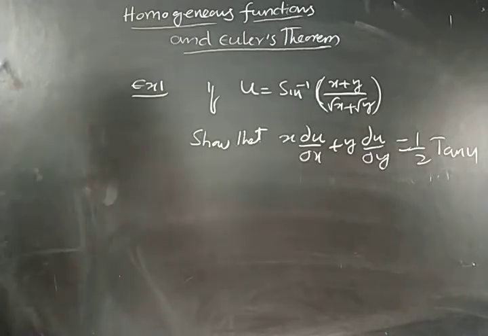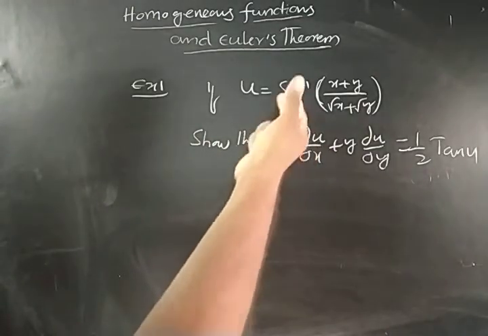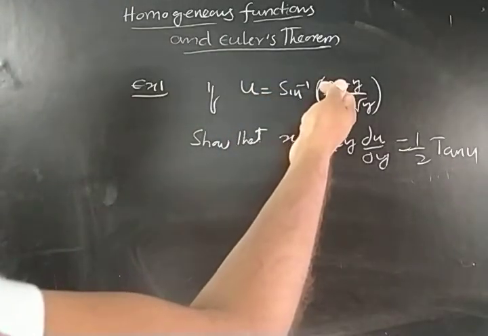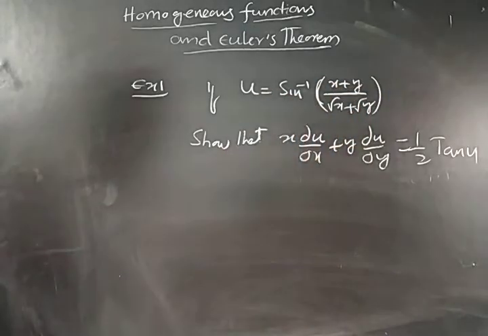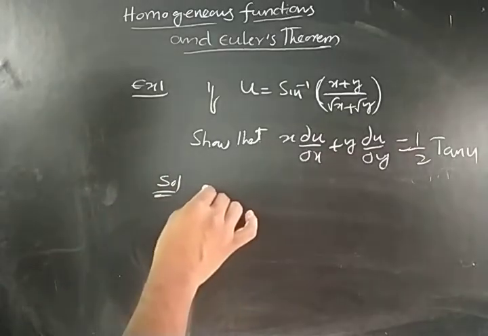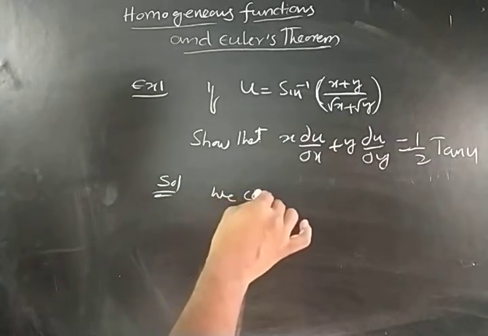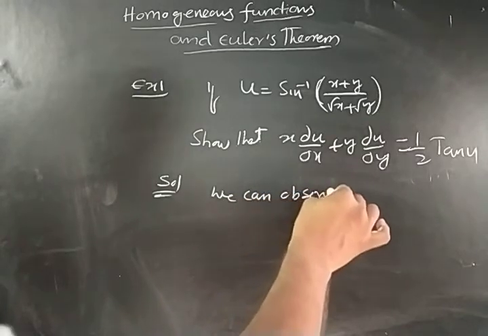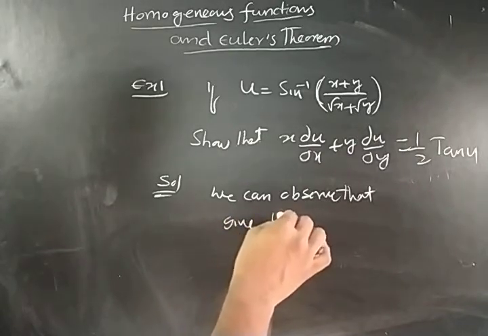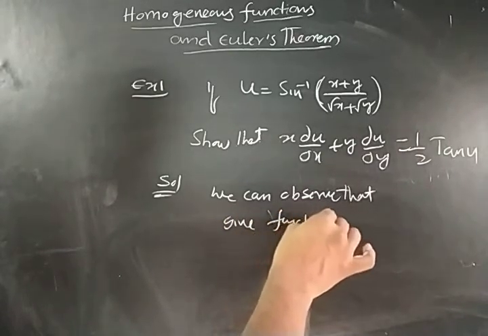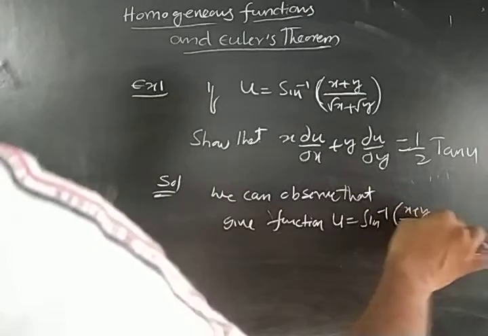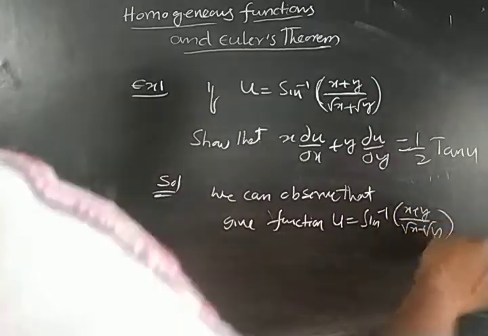Now we have to check whether this function is homogeneous or not. First of all, if you substitute lambda x and lambda y in place of x and y, you cannot take lambda common. So in the solution you have to write, we can observe that the given function u equal to sin inverse of (x plus y) by (root x plus root y) is not homogeneous.